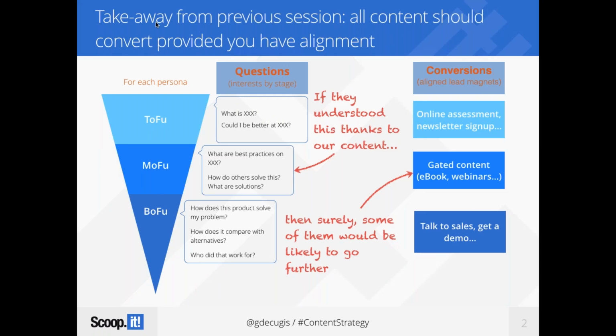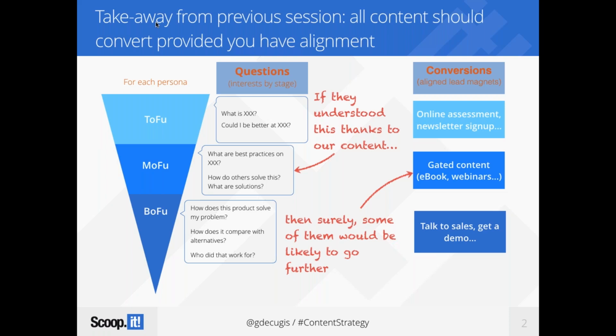Last time we talked about the strategy, and we said your strategy is about considering your funnels for each of your buyer personas, and understanding that your content is helping your buyer personas, your prospects, your leads, understand new things and get answers to their questions, because if they understood the answer to this or that question, then surely some of them would convert because they would want to go further.